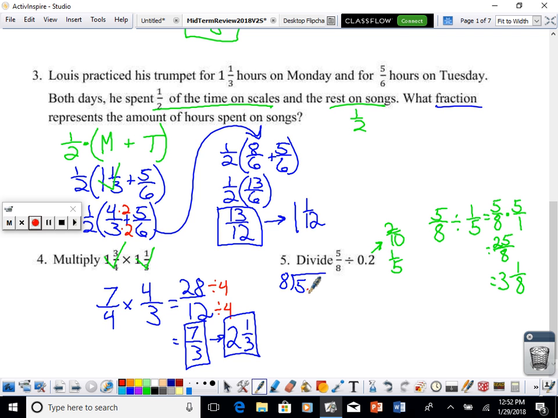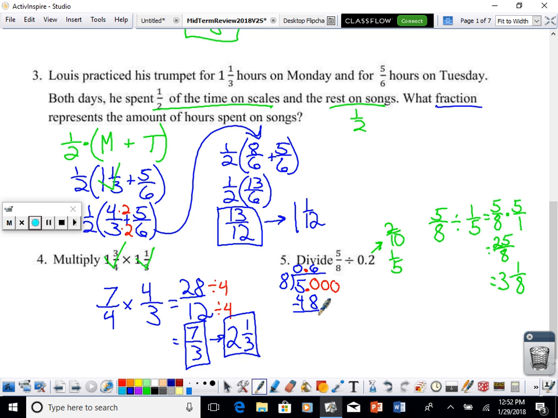Subtract, and we get 2. 8 doesn't go into 2, so we'll bring down another 0. And 8 will go into 20 twice. 8 times 2 is 16. Subtract, and we'll get 4. And 8 doesn't go into 4, so I bring down another 0. 8 goes into 40 5 times, because 8 times 5 is 40. Subtract, and we get 0.